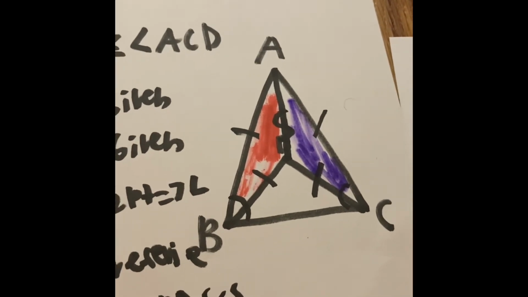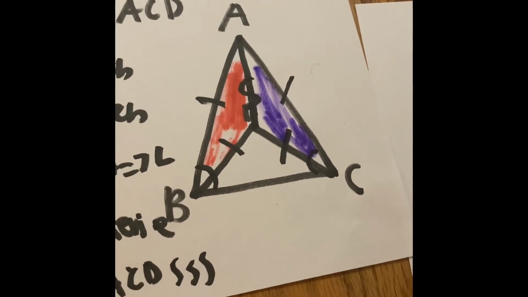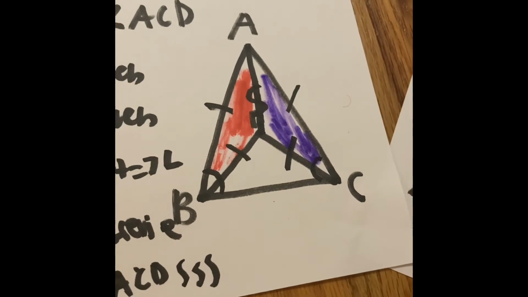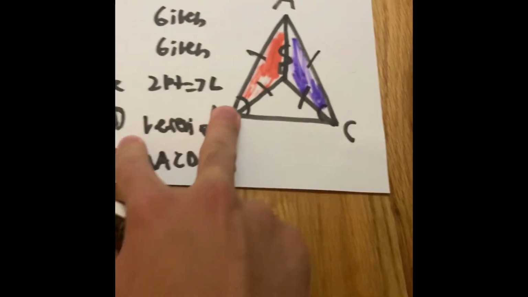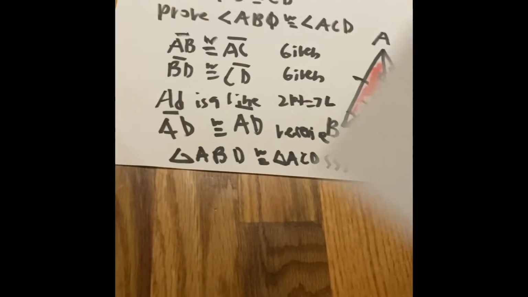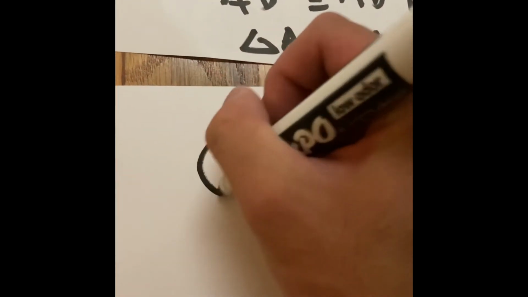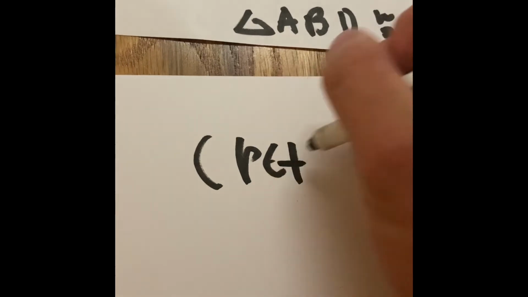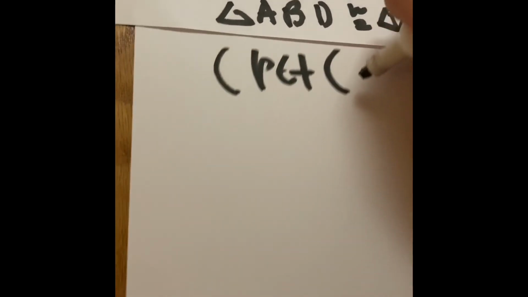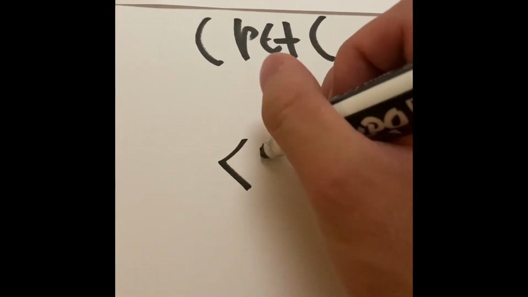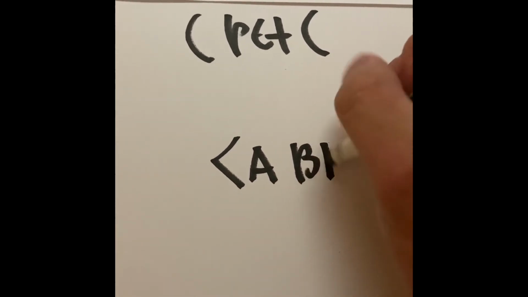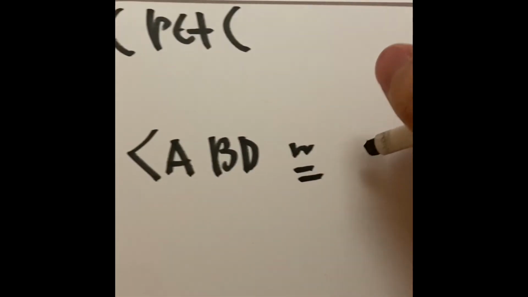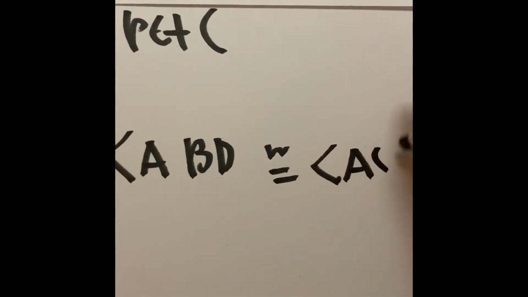What we can now express is that if the parts corresponding to each other are congruent, we can automatically say CPCTC. We can literally say angle ABD is congruent with angle ACD.